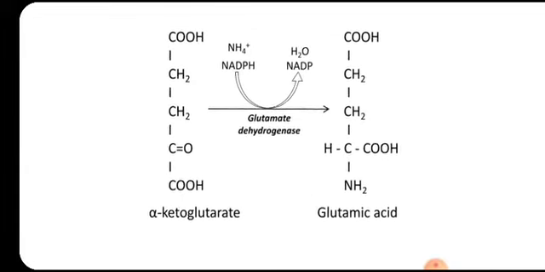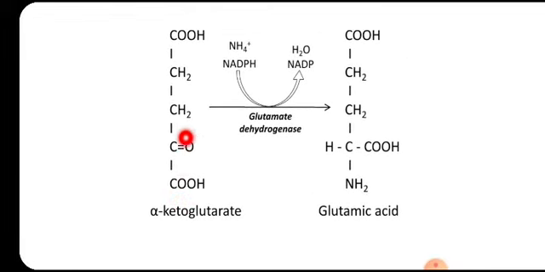Now this is the biochemical reaction. This is alpha ketoglutaric acid. You can see this is a dicarboxylic acid, that means it has two carboxyl groups, COOH, CH2, CH2, CO, COOH. This is converted to glutamic acid. This reaction is called a reductive amination reaction. There is reduction, that means addition of hydrogen atoms, and that's why it is called reductive.